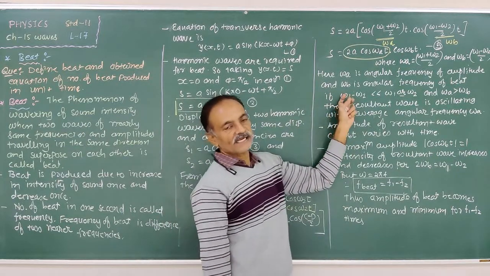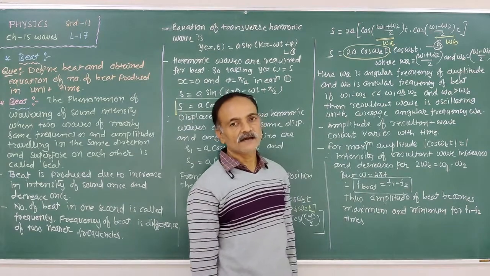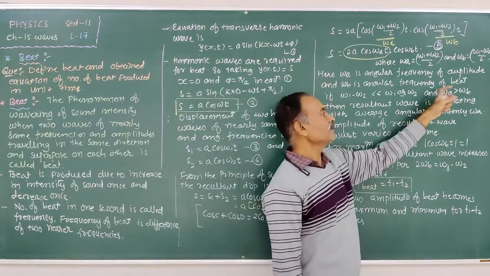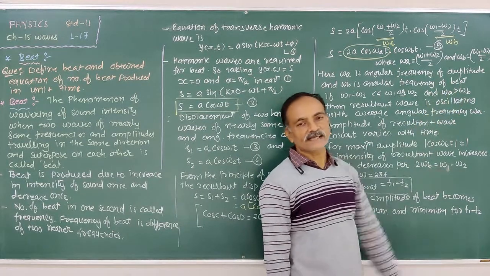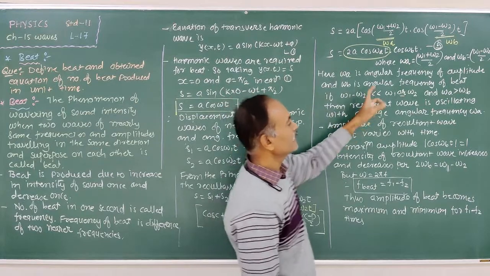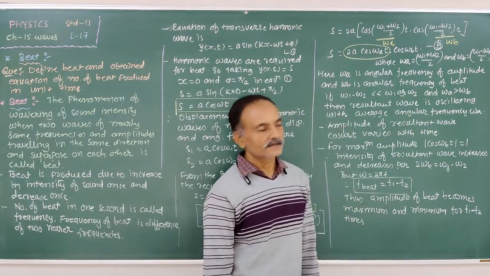Now, the condition is that omega 1 minus omega 2 is very much less than omega 1 or omega 2, and therefore omega a is greater than omega b. That means the angular frequency of amplitude is greater than the angular frequency of the beat. Okay.